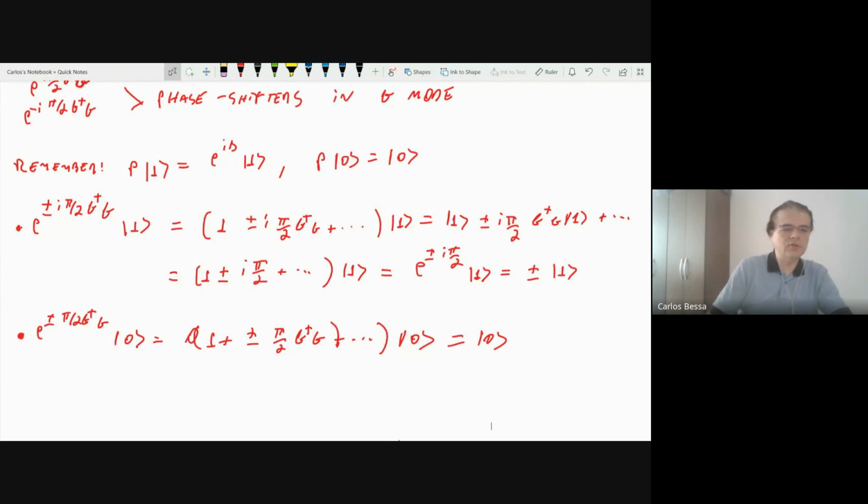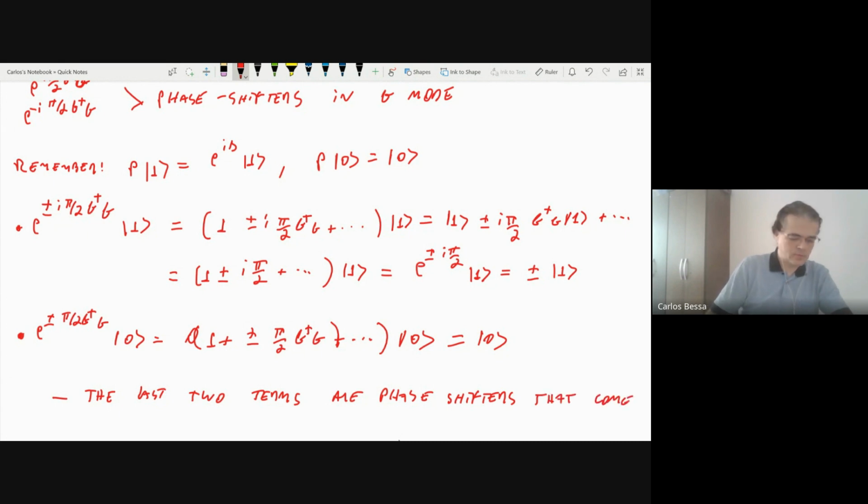Since it's a phase shifter, if you are in the vacuum state, nothing will happen. And the last two terms are phase shifters that come from the cross-phase modulation.